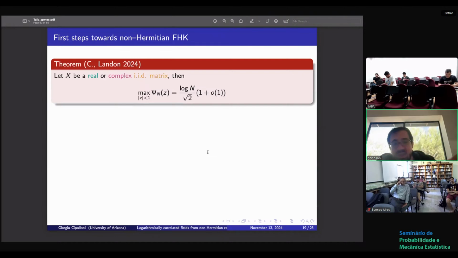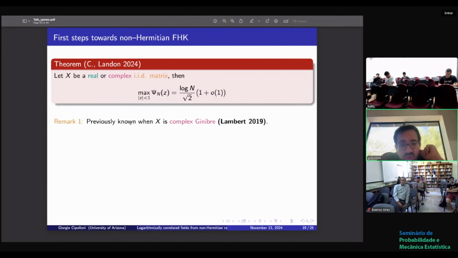In a recent work we did with Ben London, the first step to understand this non-Hermitian Fyodorov-Keating conjecture, we computed the first order term. We could compute that both for real and complex matrices, the maximum is given by log n over square root of 2. So there is, again, no difference for real and complex. Previously, this result was known only in the special case when the entries are complex Gaussian, in a nice paper by Gauthier Lambert 5 years ago.